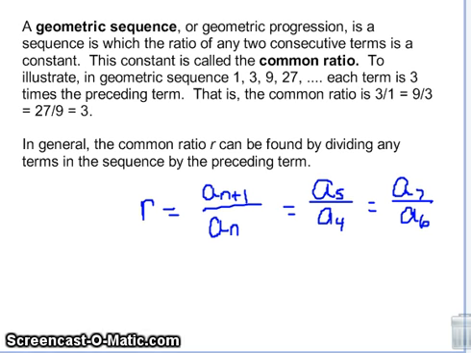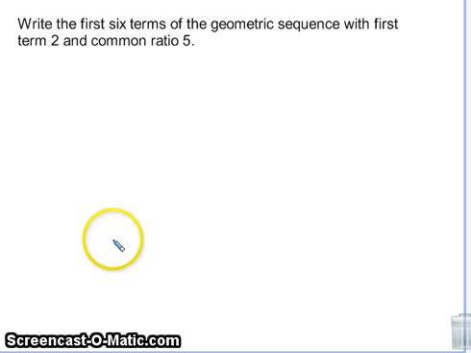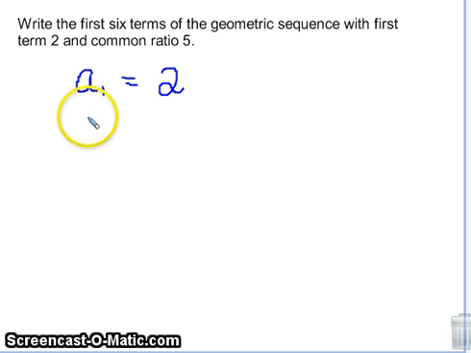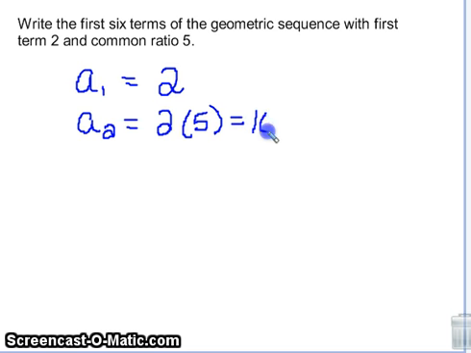So let's start looking at a couple of types of problems. It says write the first 6 terms of the geometric sequence with a first term of 2 and a common ratio of 5. So if your a sub 1 is equal to 2, your a sub 2 is going to be 2 times 5, which equals 10.